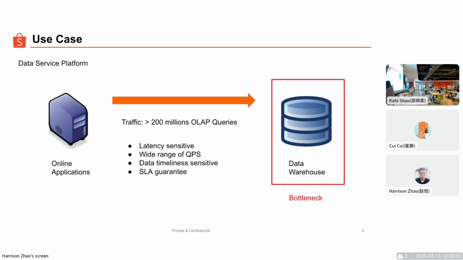Then you will notice that usually the bottleneck comes from the data warehouse components. As you can imagine, if you have a cluster-like engine in your hand, BigQuery or any other engines, they cannot fulfill those requirements. So in Shopee, the common practice before was to involve different types of engines like ClickHouse and RDS.